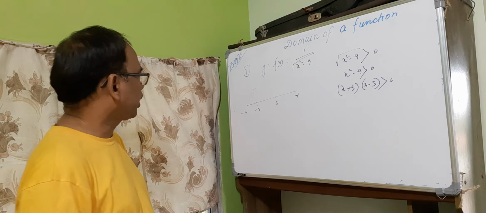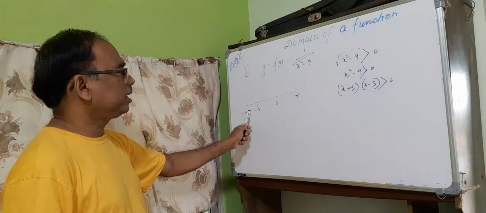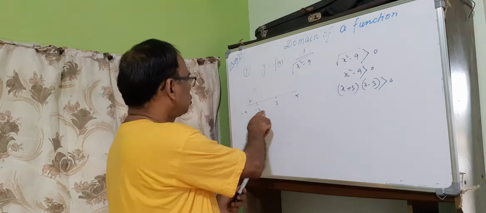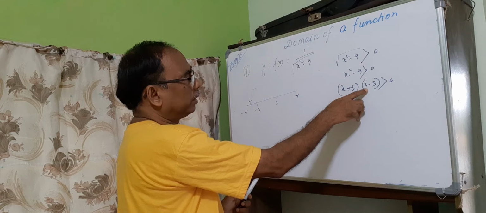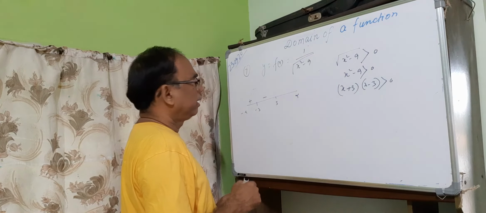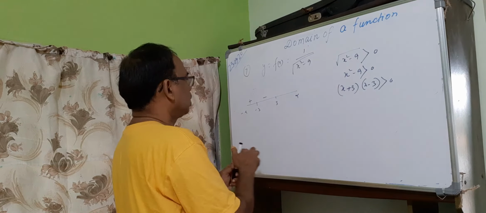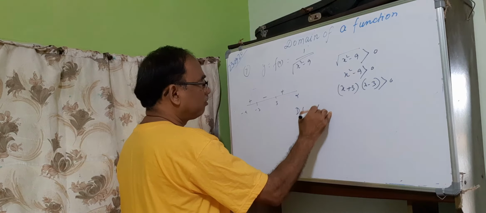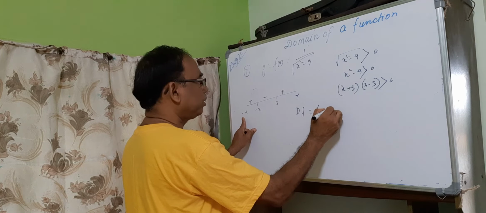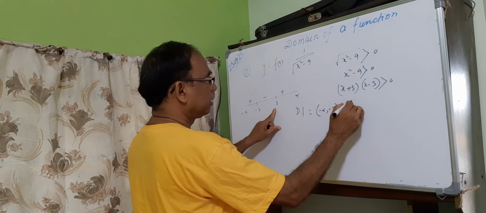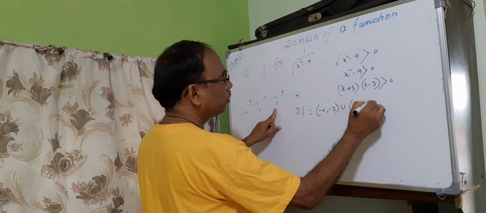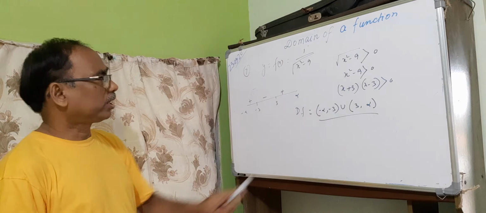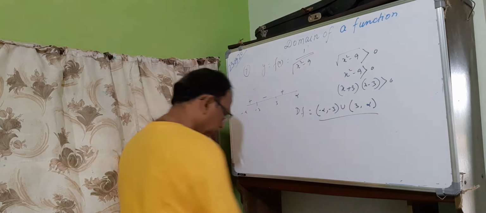Now let us check. In the first interval, suppose minus 4, this is negative times negative, so positive. Suppose there is 2 in the middle interval: positive, negative, this is negative. And in the last, suppose 4: positive, this is positive. So your domain of the function should be first bracket minus infinity to minus 3, union first bracket 3 to infinity, because these two intervals are coming positive, and we take first brackets because it is only greater than 0.